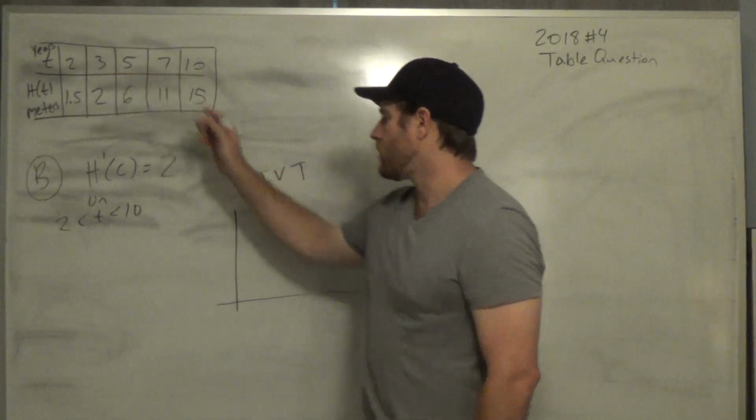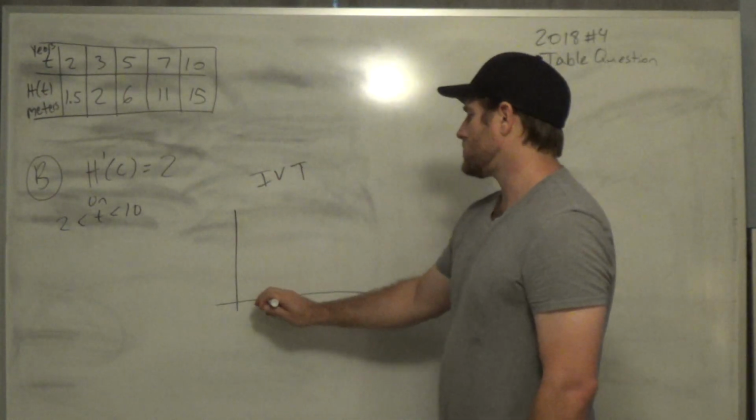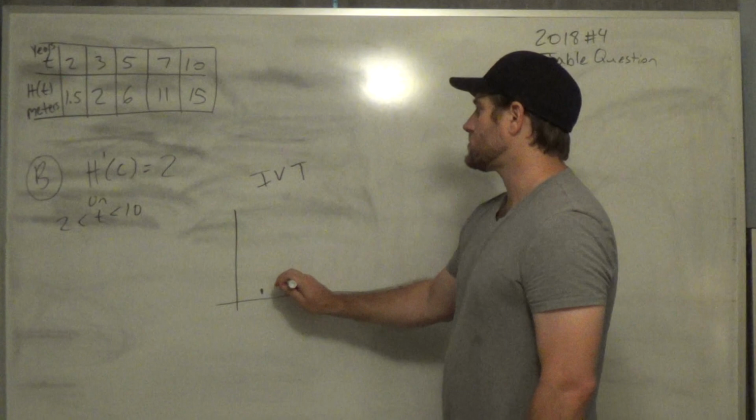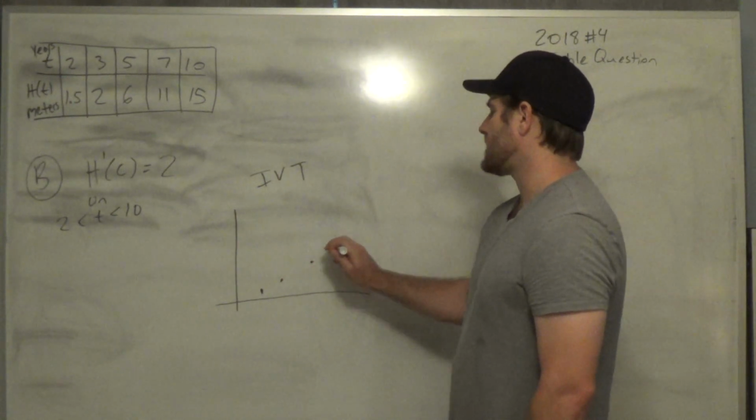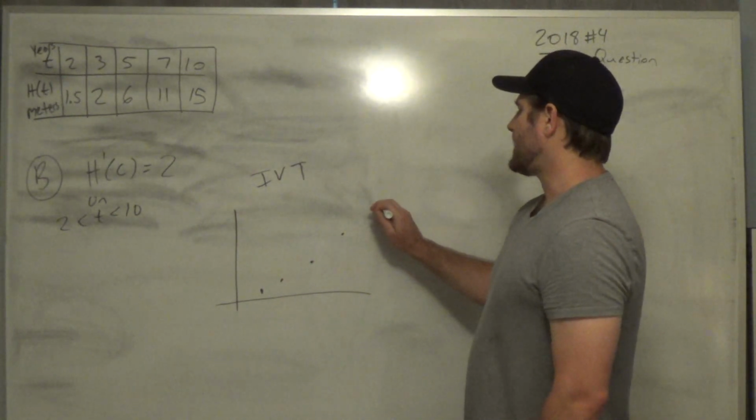Look at this here, 2, 3, 4, 5, 6, 7. If we took the ordered pairs, at 2 it's at 1.5, at 3 it's at 2, at 5 it's at 6, at 7 it's at 11, at 15 it's at 10.